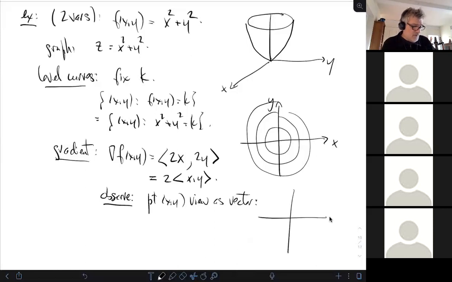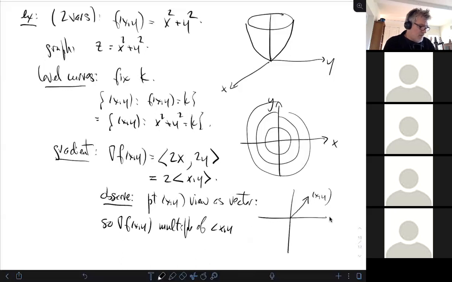So I take x y over here, and I see it as a vector, I locate it at the origin, that's this vector x y, right? So the gradient of f is a multiple of this vector, so it's pointing in the same direction. So the gradient of f at x y is a multiple of x y, same direction.